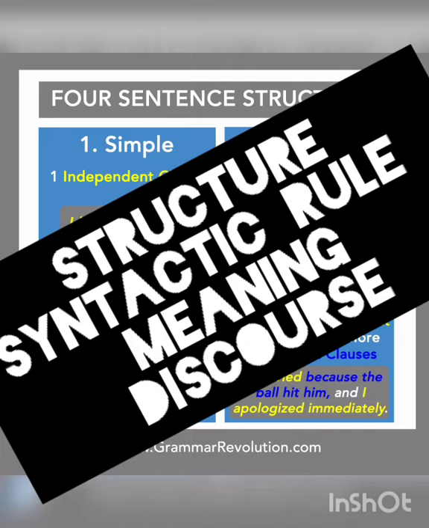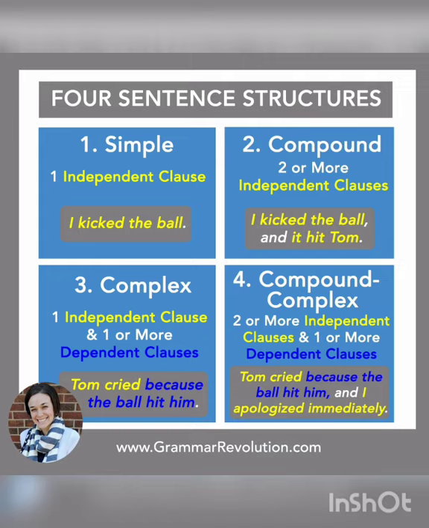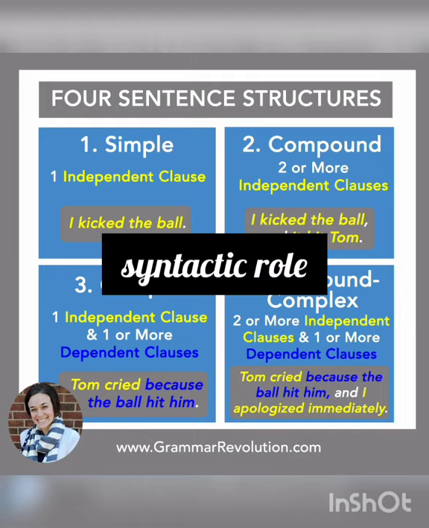Structure: units can be described in terms of their internal structure. For example, words in terms of bases and affixes, phrases in terms of head and modifiers, and clauses in terms of clause elements.